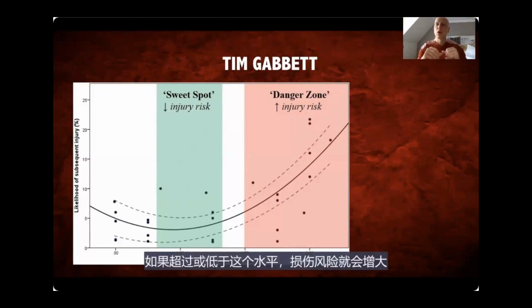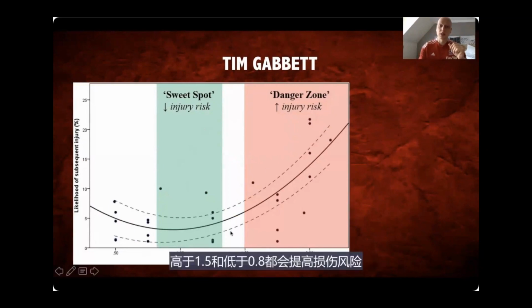If we go overload or underload, we are at greater injury risk. So injury risk happens if we overload players above this ratio of 1.5, or we even underload players in this ratio below 0.8.